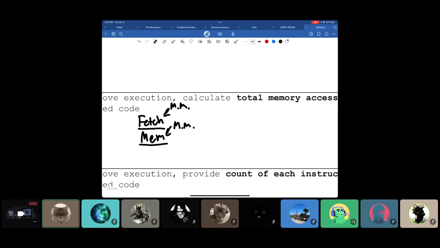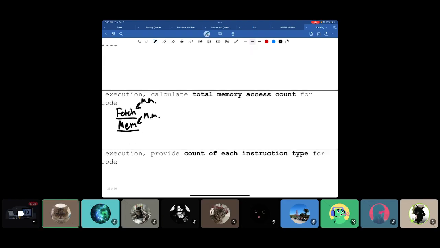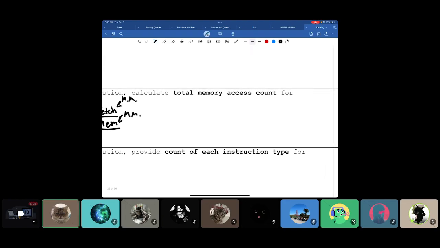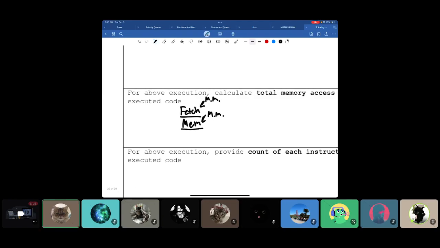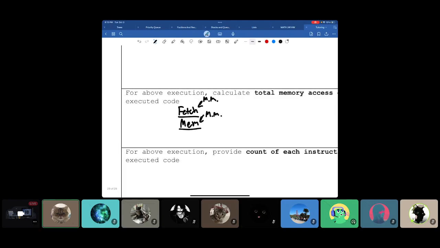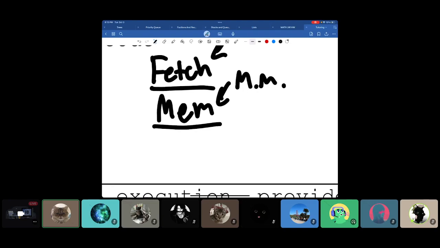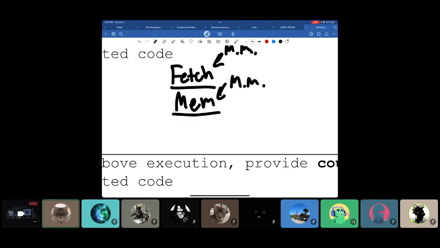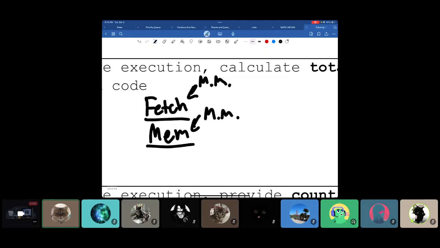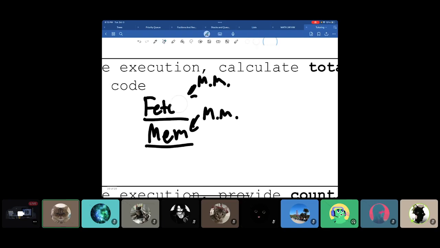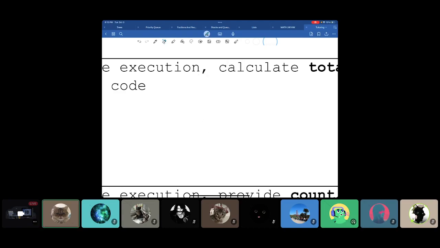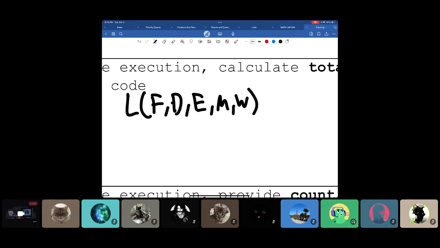Okay? So basically, every instruction is going to have a memory access count because every instruction has a fetch stage, but not every instruction is going to have a mem stage. Meaning that there's going to be some instructions with 2 memory access count and some instructions with just 1 memory access count. From that, we know that L type is fetch, decode, exec, mem, write.